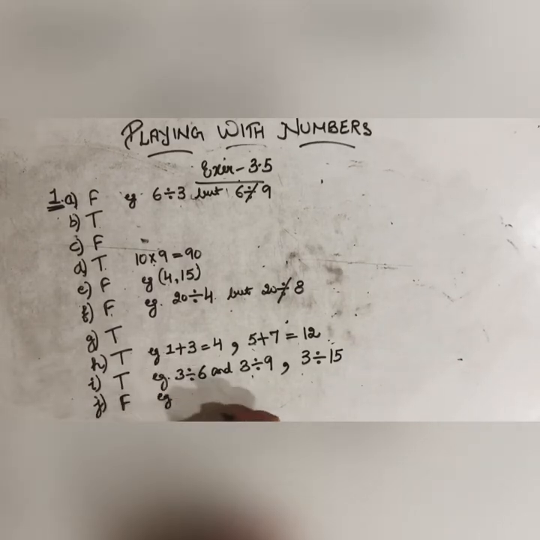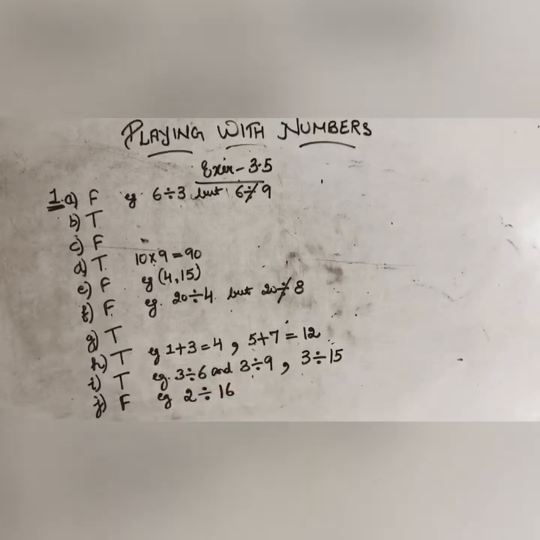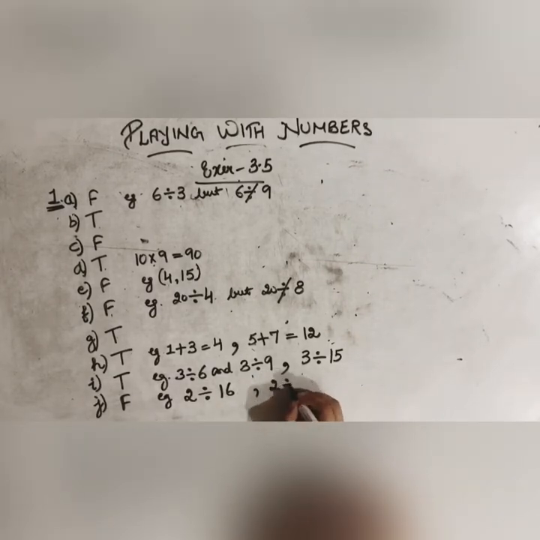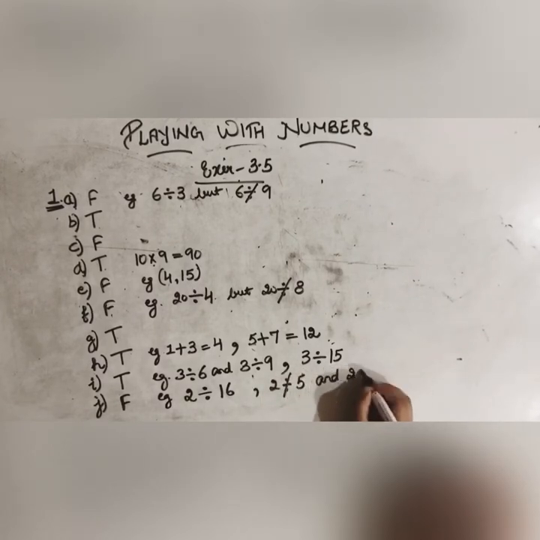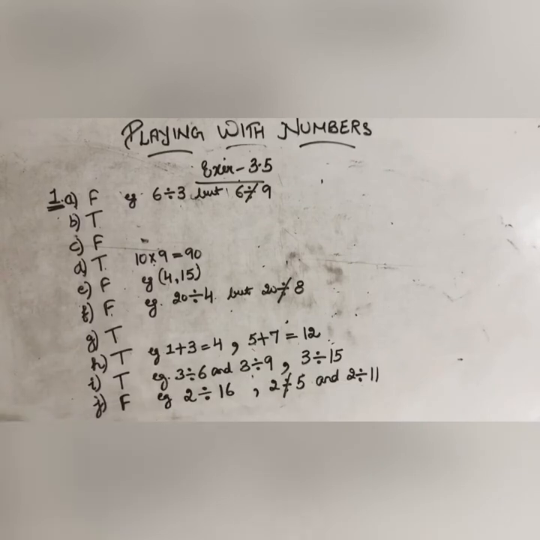For example, the number 2. 2 divides 16, but we can write 16 as the sum of 5 and 11, and 2 does not divide 5 and 2 does not divide 11.